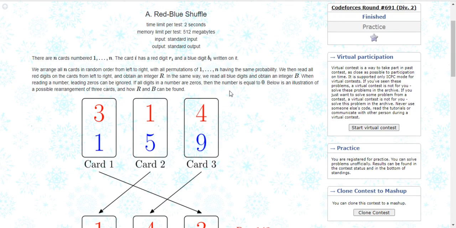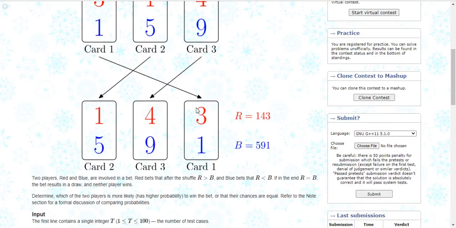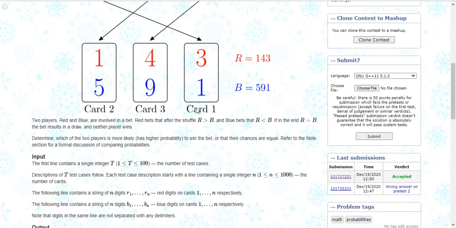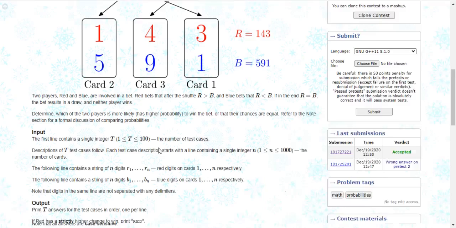So R is the number formed by concatenation of the red integers, and B is the number formed by concatenation of the blue integers. To determine which of the two players is more likely to win the bet, or that their chances are equal, refer to the note section for a formal discussion of comparing probability.